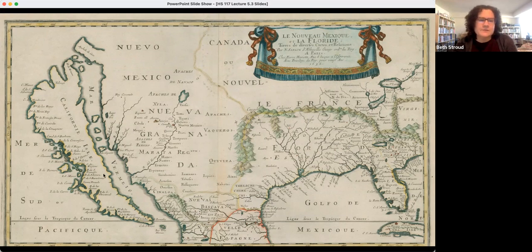You see that California is imagined as an island. All of this territory over here is claimed by France. And you see that Virginia is the only part of the English settlements that you really see. And New England doesn't even appear.